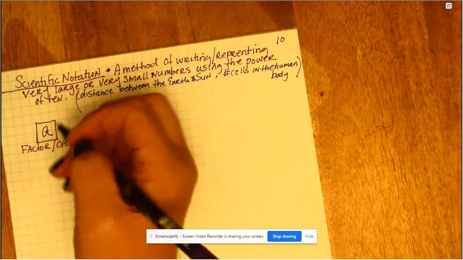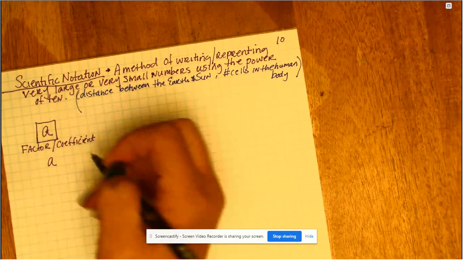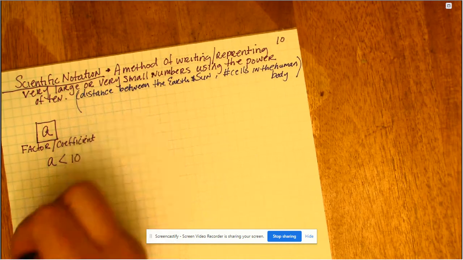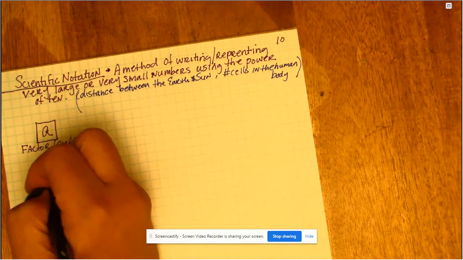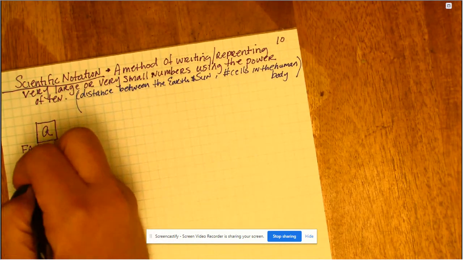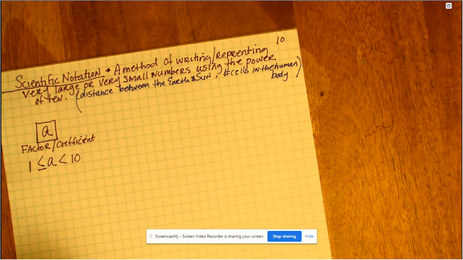We need to have a number, so A must be less than 10, and it can be greater than or equal to 1. So if you think of numbers that fit that parameter, 2, 7.444, 3.12, 9.7, okay? So we can have whole numbers or we could have decimals.